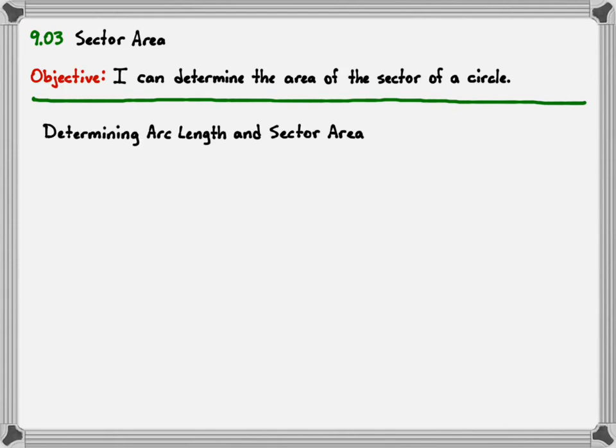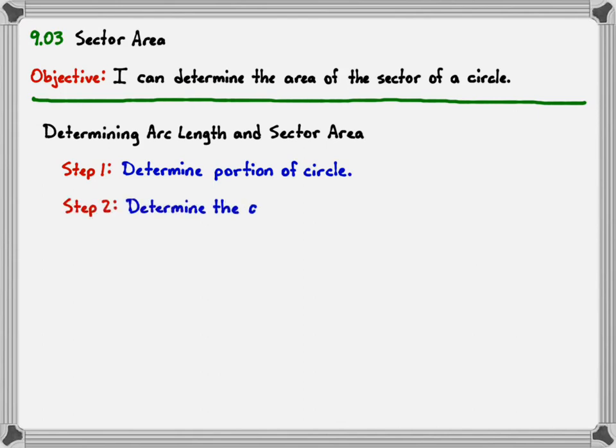Remember, to determine the arc length or the sector area, the first step was to determine the portion of the circle. So how many degrees out of the entire 360 degrees. Step 2 was to figure out either the area or the circumference of the circle, depending on what you are asked for. Today we're focusing on sector area, so we're going to be using the area of a circle.